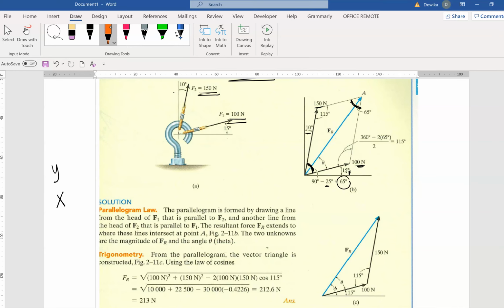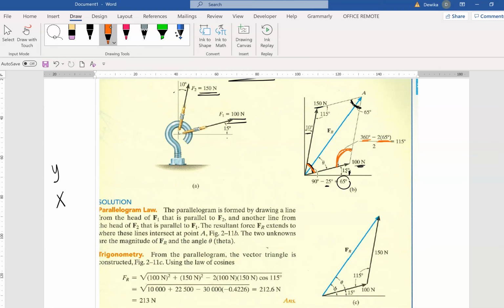So what will the angle here be? Remember your trigonometry. In a closed box it will be 360 minus 2 times 65, because one triangle is 180, so we have 2 triangles, 360 minus 2 times 65. So where is the 65?